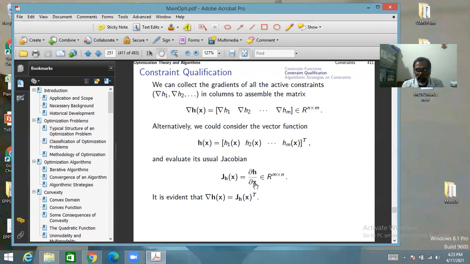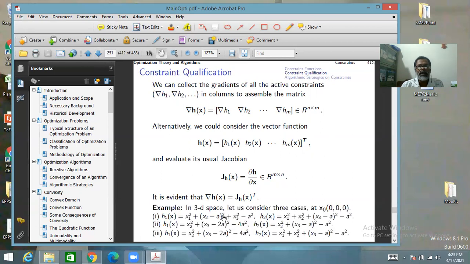So from that you can connect and observe that this matrix that we earlier talked about is actually the transpose of the ordinary Jacobian. Okay. So this is something which has to be kept in mind in the theory that we discuss further.